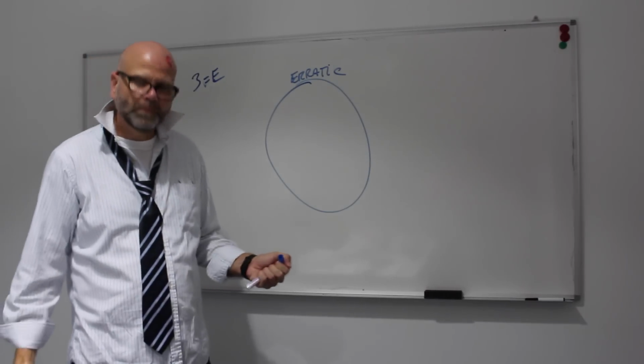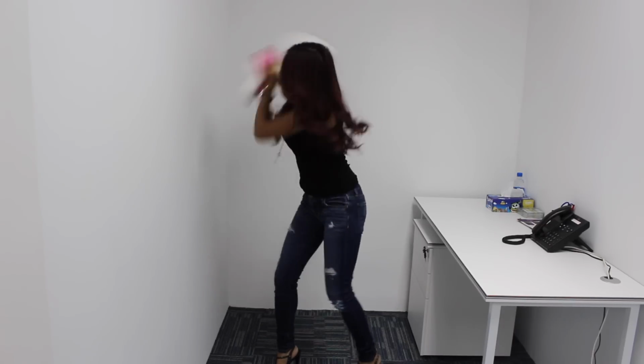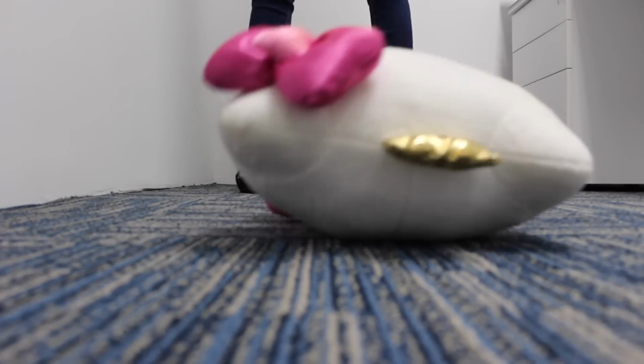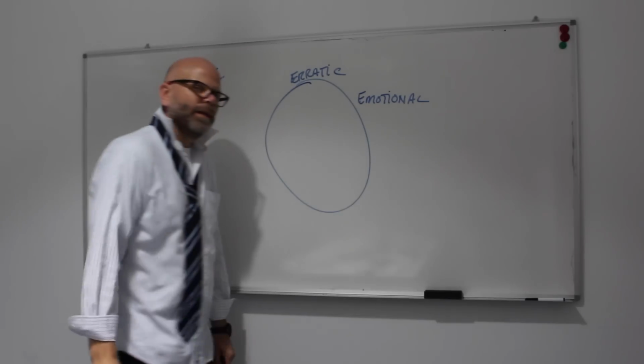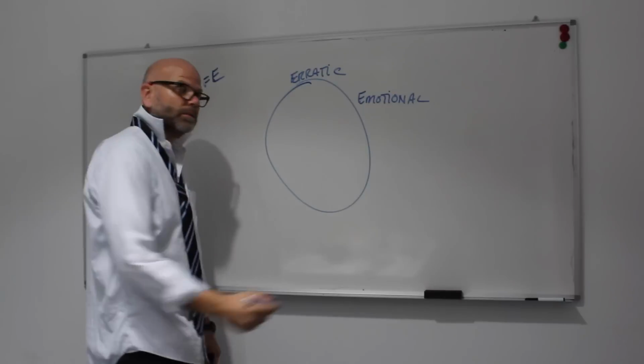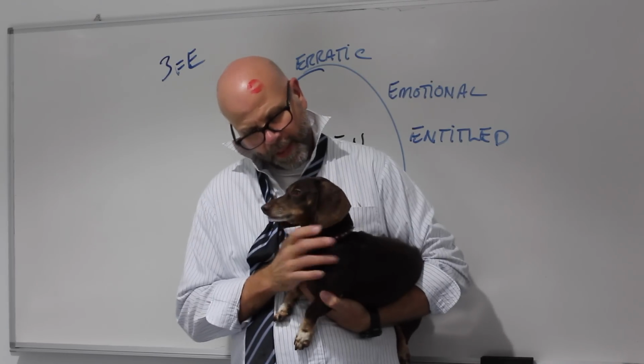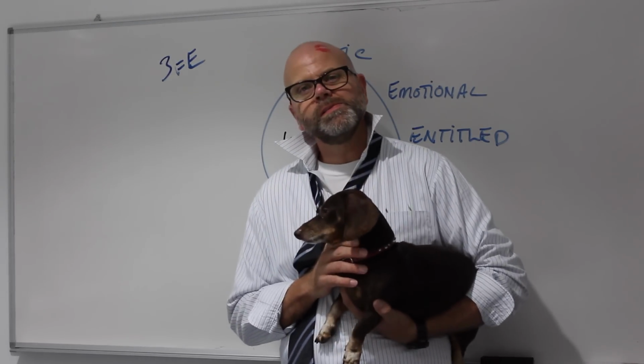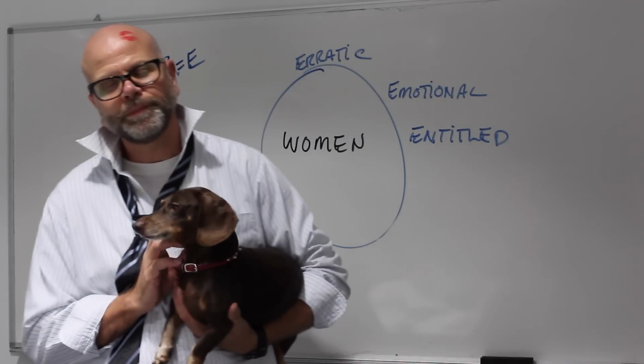Huh? Emotional. And just for the sake of using a third E, we'll go with entitled. I want my 3-carat diamond ring now. Hey. And so this is what we call women.